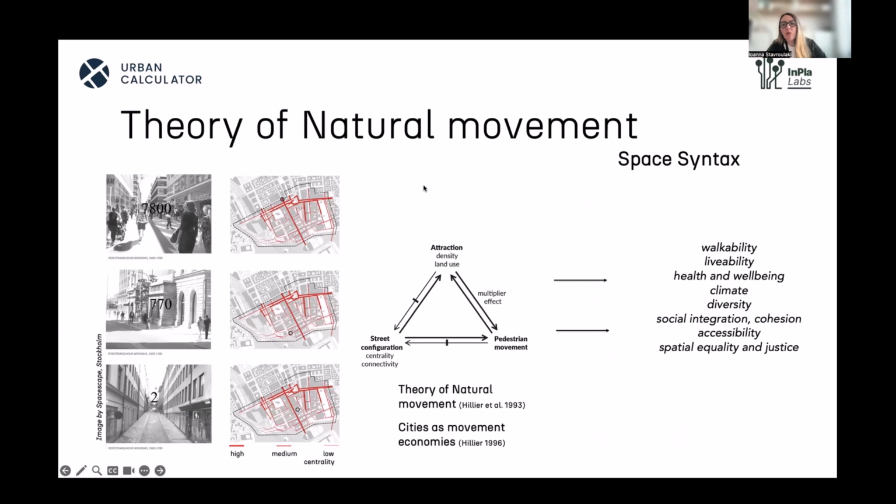And then from these other, broader effects, we have in the cities walkability, livability, segregation, health and well-being, diversity, social integration, and so on and so forth that are related to this triangle.